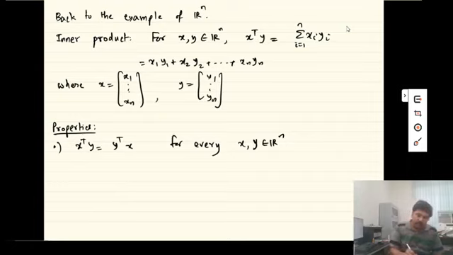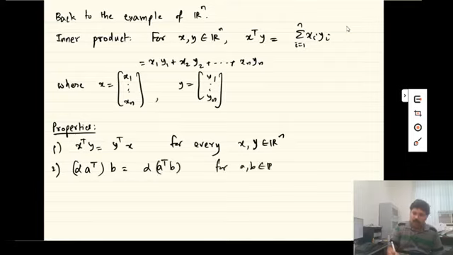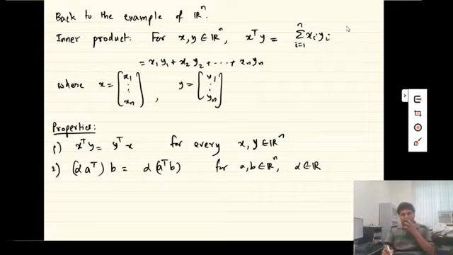The second property is (alpha A) transpose B equals alpha (A transpose B), for A, B in Rn and alpha in R. I hope you understand what this operation is. This again is a kind of associativity, and it helps us do operations in any way we want. Bracketing is not really important. That's the message we are getting here.